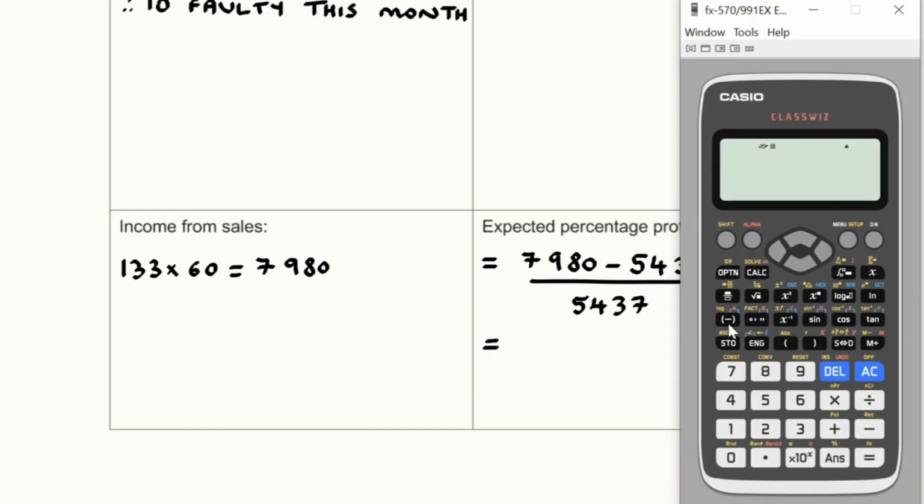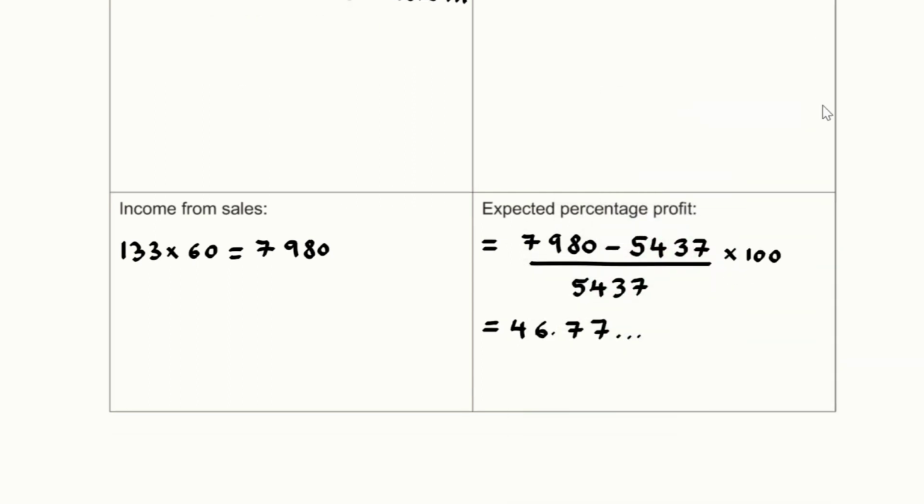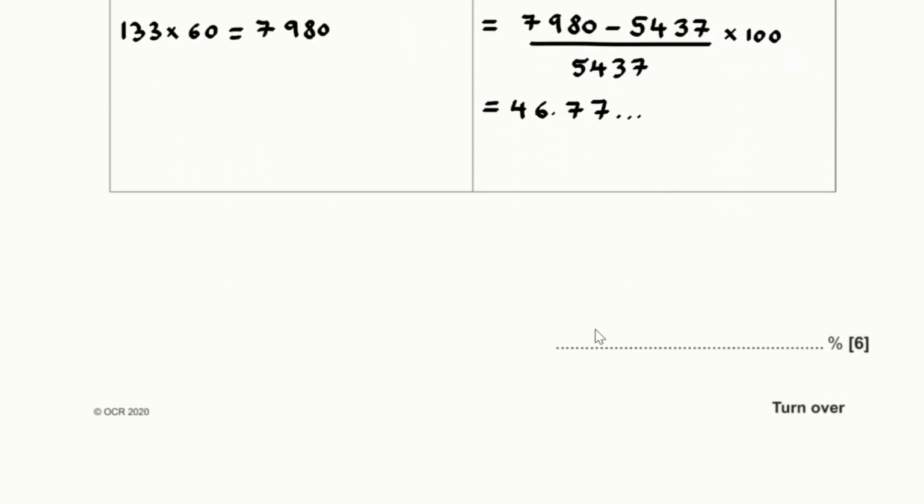If I work this out, 7,980 minus 5,437 over 5,437 multiplied by 100, we've got 46.77, etc. So we've got 46.77 to 2 decimal places as our expected percentage profit.